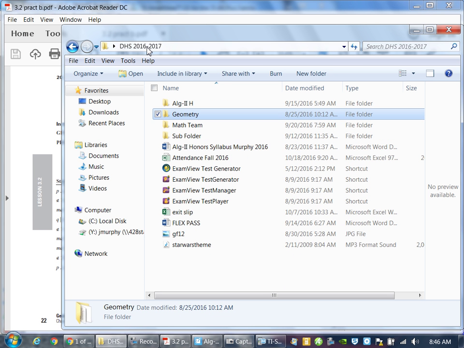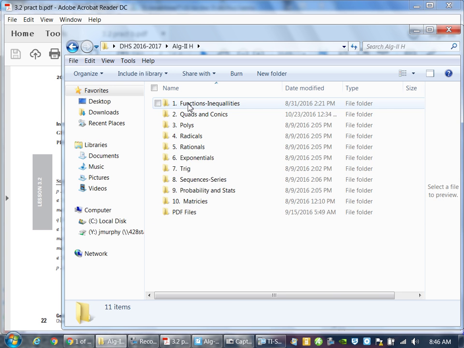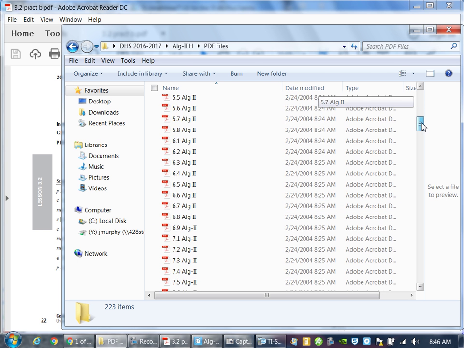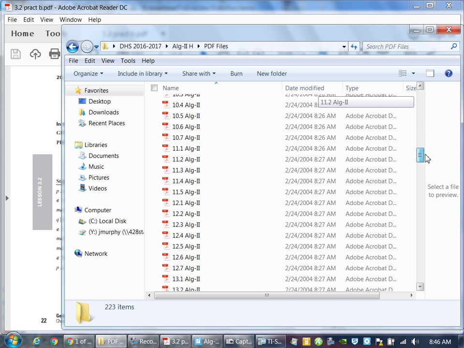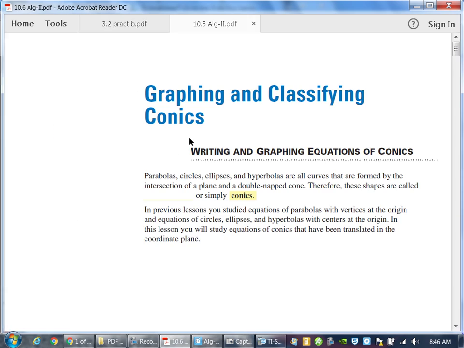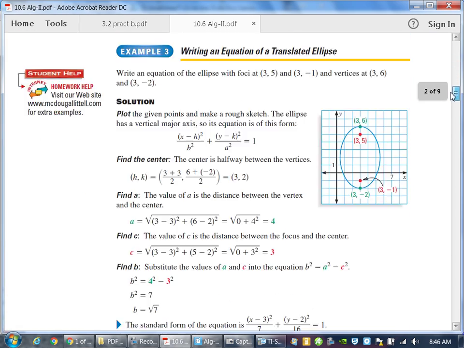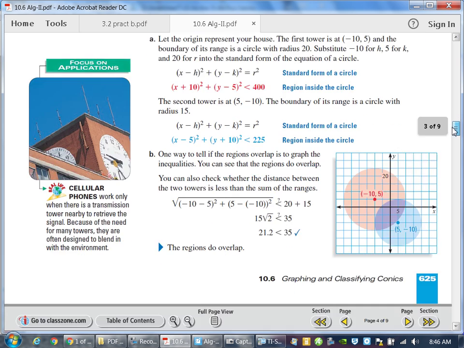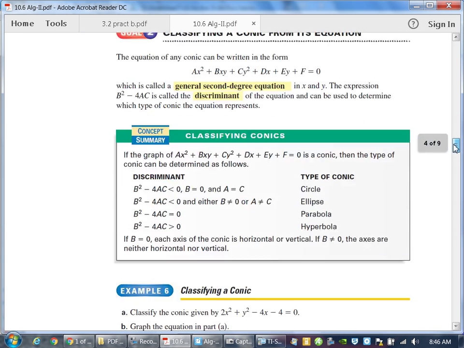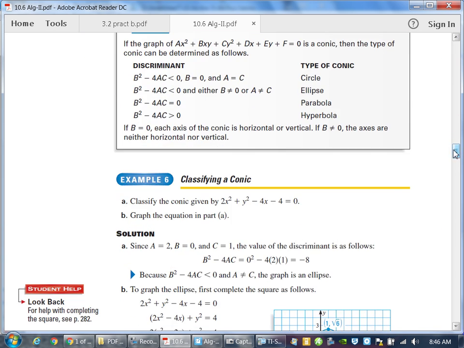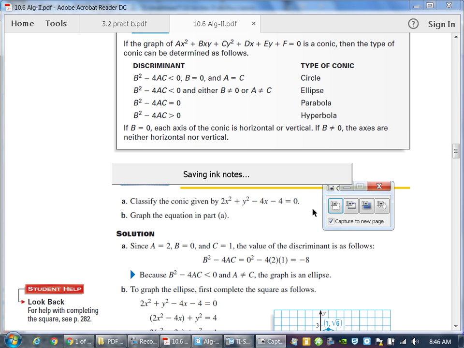When all else fails, we have to go back and look at how we're going to set up to put it into the standard form. What happens a lot of times with these is that you're going to be given an equation.